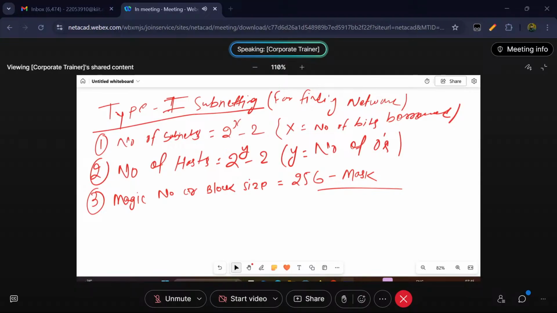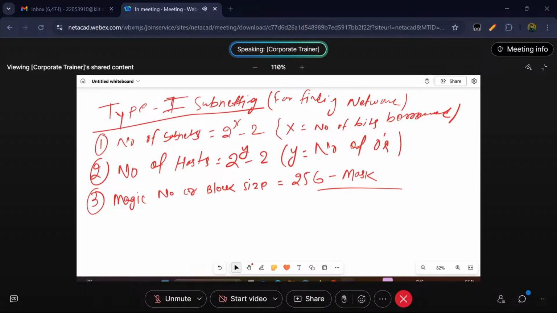Okay. So these are the three formulas that you need to understand, and accordingly we will move ahead with the question, and wherever the number of hosts and number of networks is required, we will solve those types of problems. We have taken an example, like a requirement of 5 networks, which I gave before.